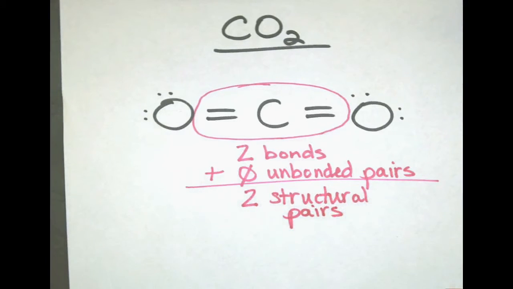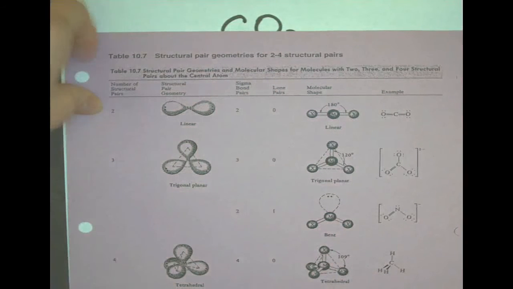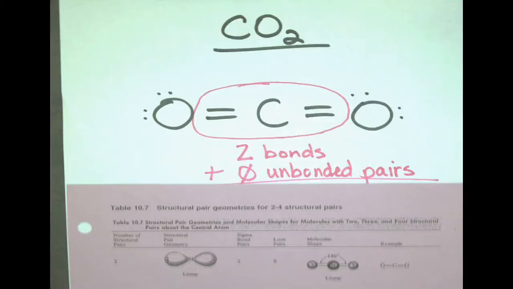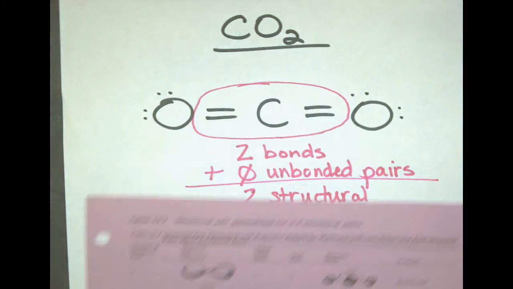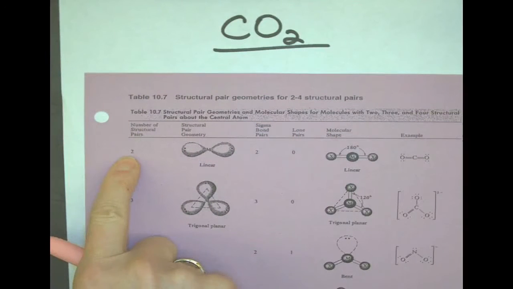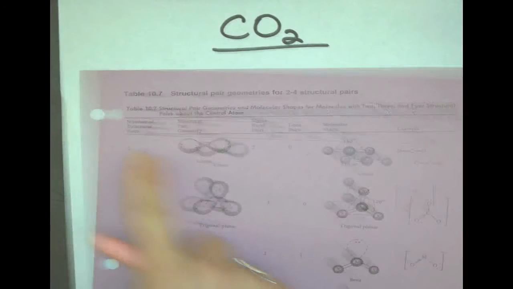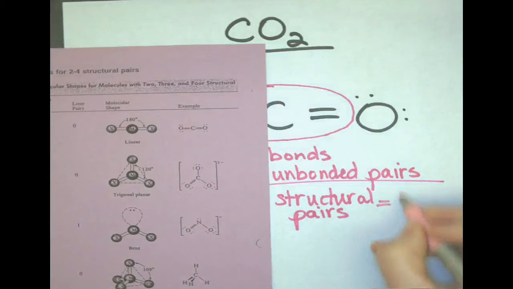So now I go to my shapes page. I look at the fact that from the Lewis structure, we see that there are 2 structural pairs. So I use my diagram and I look at the left side, number of structural pairs, 2. That tells me that based on 2 structural pairs, this is a linear shape. So this equals linear.